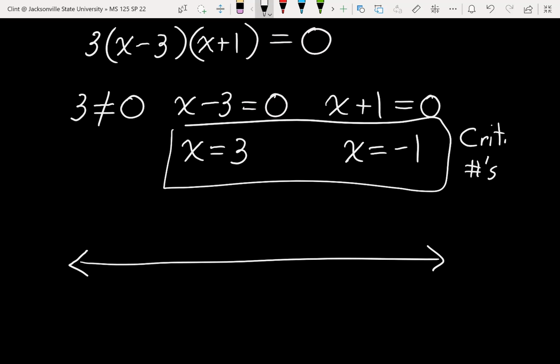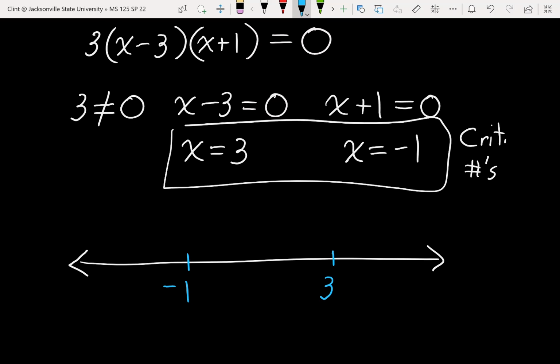So we got x equals -1, and then x equals 3. And we just want to check the sign of our whole derivative. So we need a test value in the left piece, a test value in the middle piece, a test value in the right piece, and then we can check the sign for each one of those.